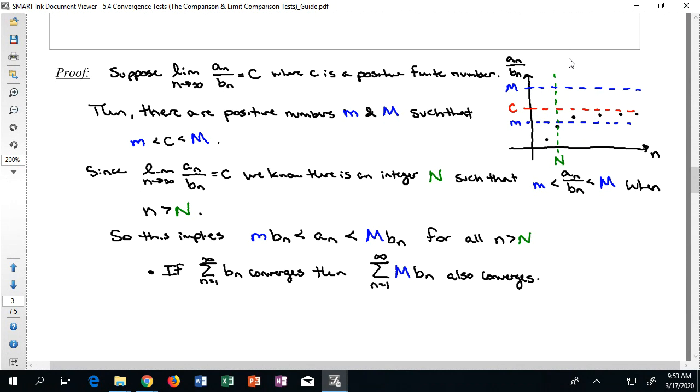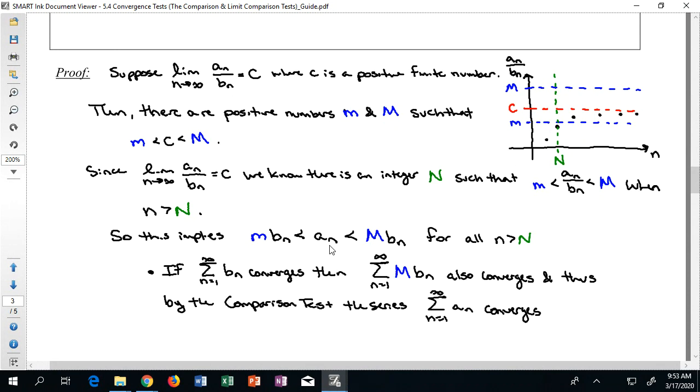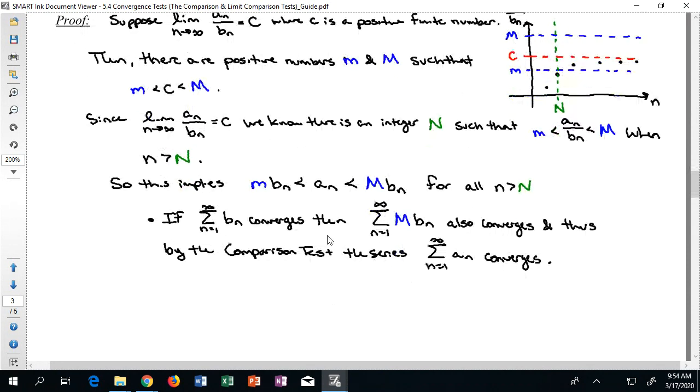But then, since this series and the a sub n series have definitely only positive, and therefore non-negative, things, I could say thus, by the comparison test, the series of a sub n converges. Because notice that capital M b sub n is bigger than the a sub n. So that's the smaller bit, it's got to converge.